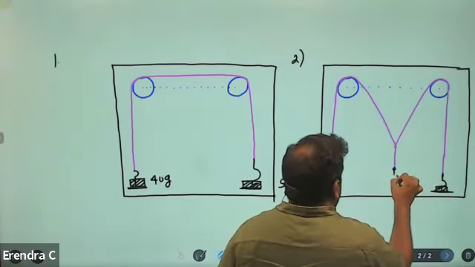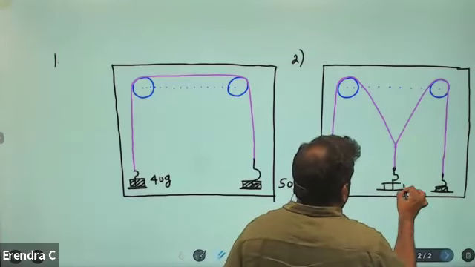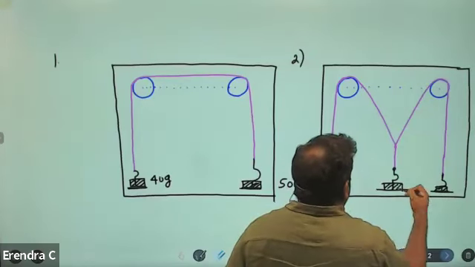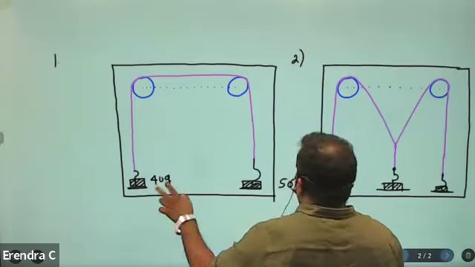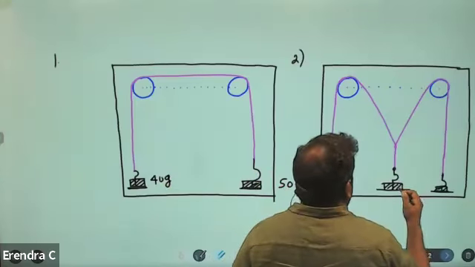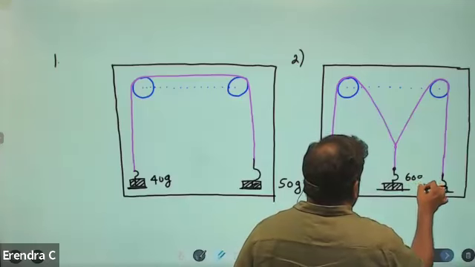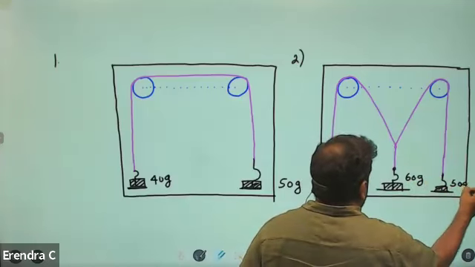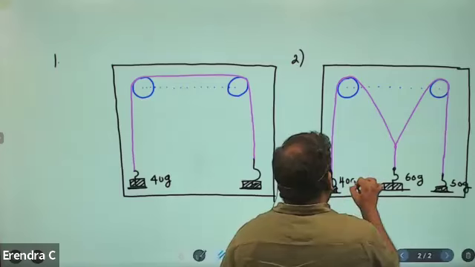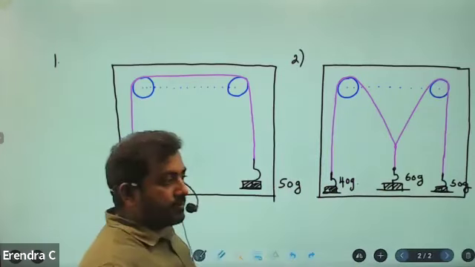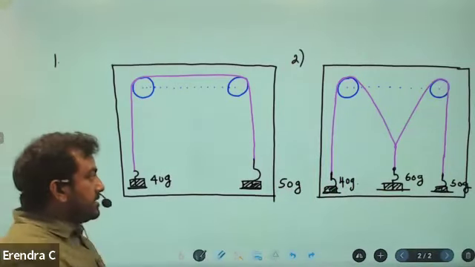Here we connect another known weight. Let's say the weight there is around 40, 50. Let's say known weight there around 60 grams. Here 50 grams. Here 40 grams. So these are known.